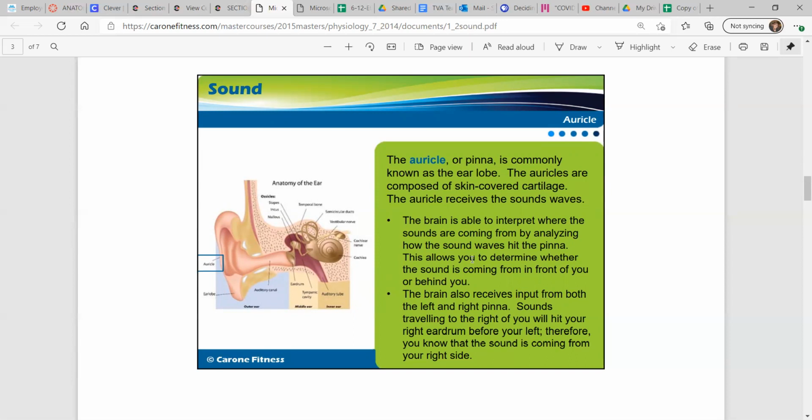This allows you to determine whether the sound is coming from in front of you or behind you. The brain also receives input from both the left and right pinna. Sounds traveling to the right of you will hit your right eardrum before your left. Therefore, you know that the sound is coming from your right side.